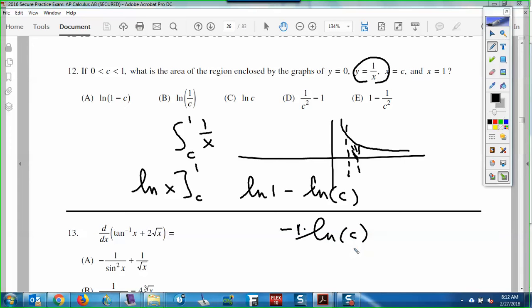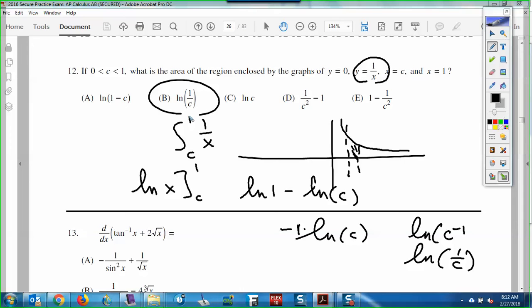Can you do it when you've got a number out in front of an ln? Put it in there. ln of c to the negative 1 would be the answer, right? So a lot of little things going on in that problem, right?